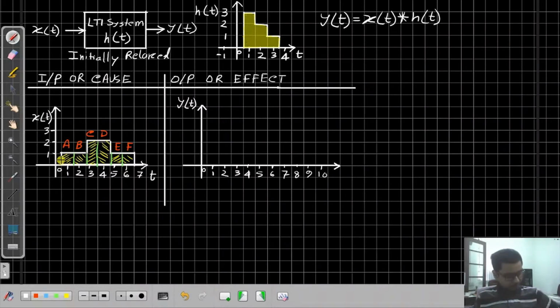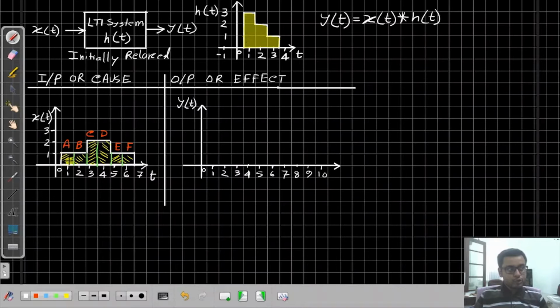So let me begin with slice A. This is an impulse occurring at time equal to 1, and the area of this is 1.